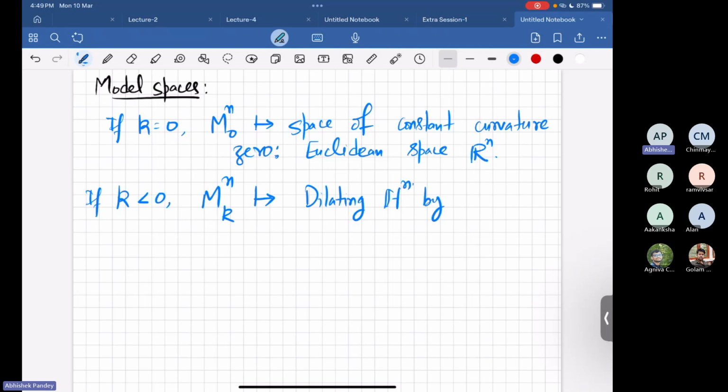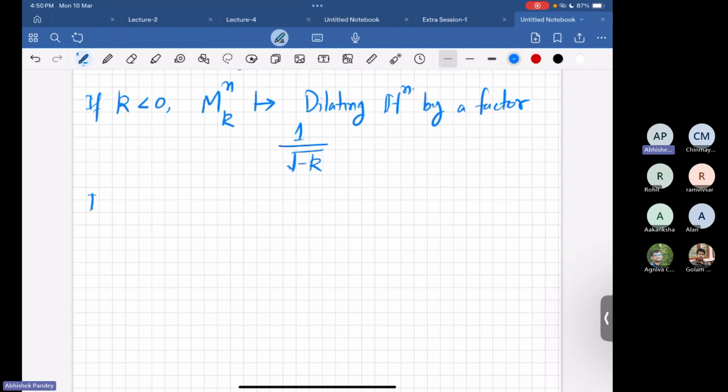We multiply the hyperbolic distance by a factor of 1 over root of minus k. Once you dilate H^n by this factor, it becomes a metric space of constant curvature k, where k is less than 0.